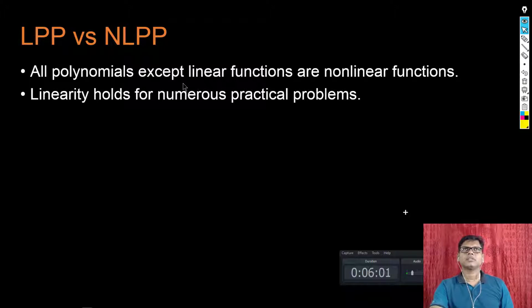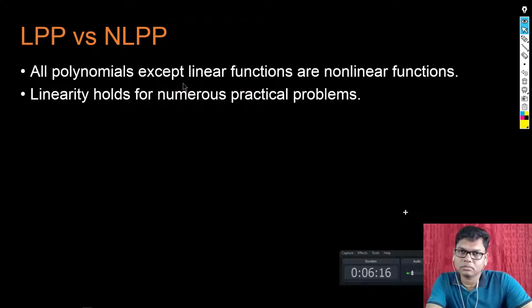When you are solving any practical problem which you will be seeing in the industries, it's not that they will always be linear functions. You will find sometimes nonlinear functions also. So this is not an exception. That means you cannot avoid nonlinear functions. You have to deal with them. So that's why this topic has been put here, the nonlinear programming problems.